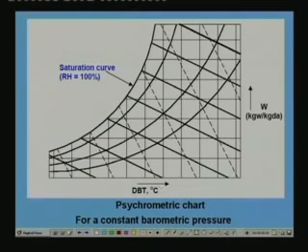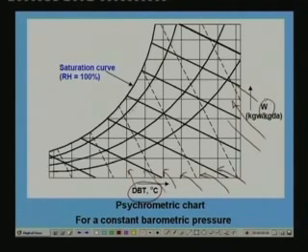Since the dry bulb temperature is the x axis and humidity ratio is the y axis, these lines are the constant dry bulb temperature lines. They are not exactly vertical, but for all practical purposes they are almost vertical. All the horizontal lines are the constant humidity ratio lines.